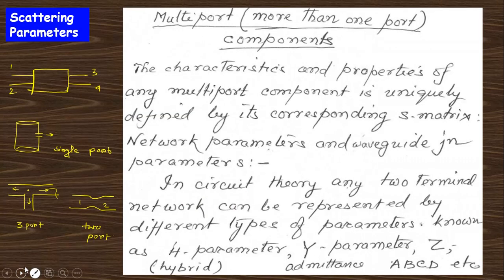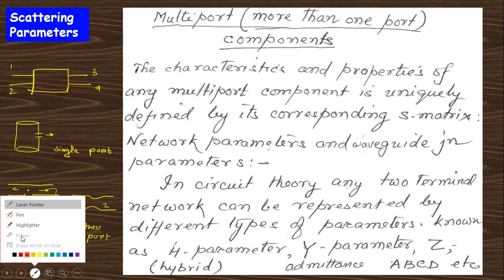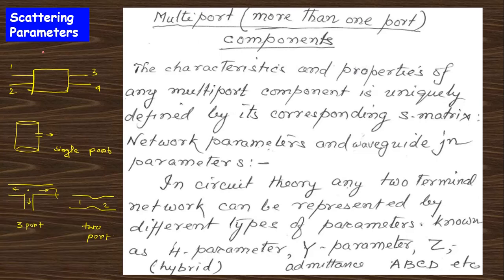Okay. Now comes the scattering parameter, or simply you can say the S parameter. This is the S matrix or S parameter.